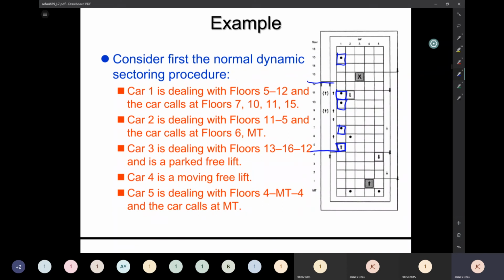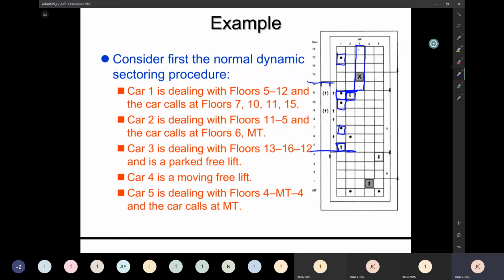Now for car number 2, it is assigned to deal with the sector from 11 to 5, because it is now at floor 11 and it is moving downward. Car number 3 is assigned to the sector for 13, 16, and then 12, and it is a free lift because it is stationary at floor 13.